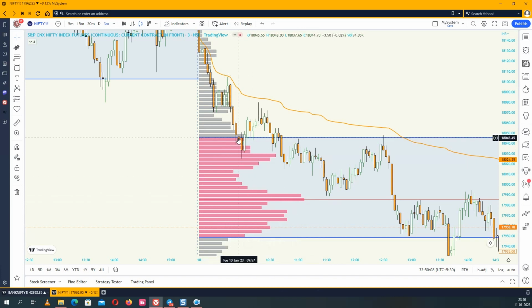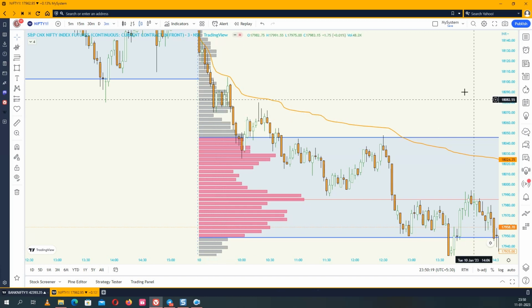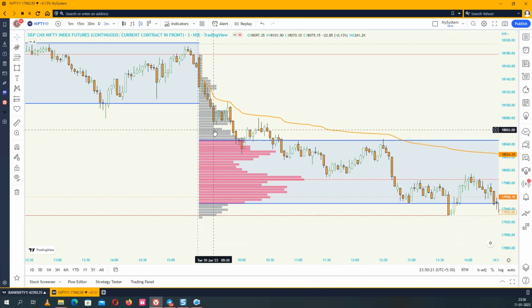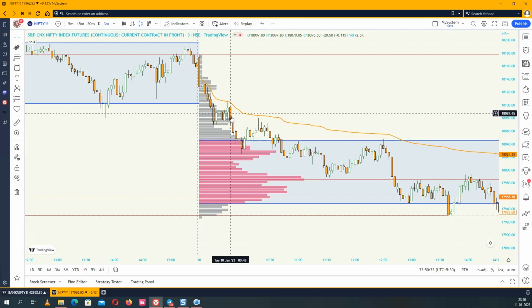Above value area high, this is the zone where a small volume is attached. So this zone is called the LVN zone, and above the LVN, this is another zone where a good volume is attached, right?